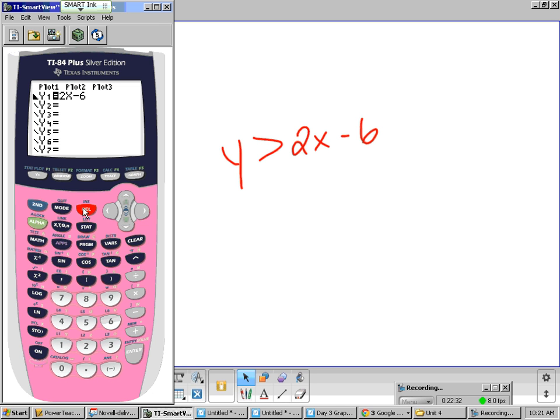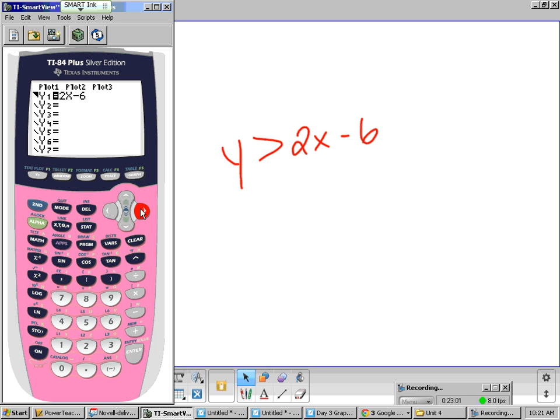Greater than. Does that mean I shade above or below? Above. So I'm going to go over to the left, and I'm going to click enter until I get above. I have to click it several times. There's my dashed line. My solid line is back. And then I have it to where it's shaded above.